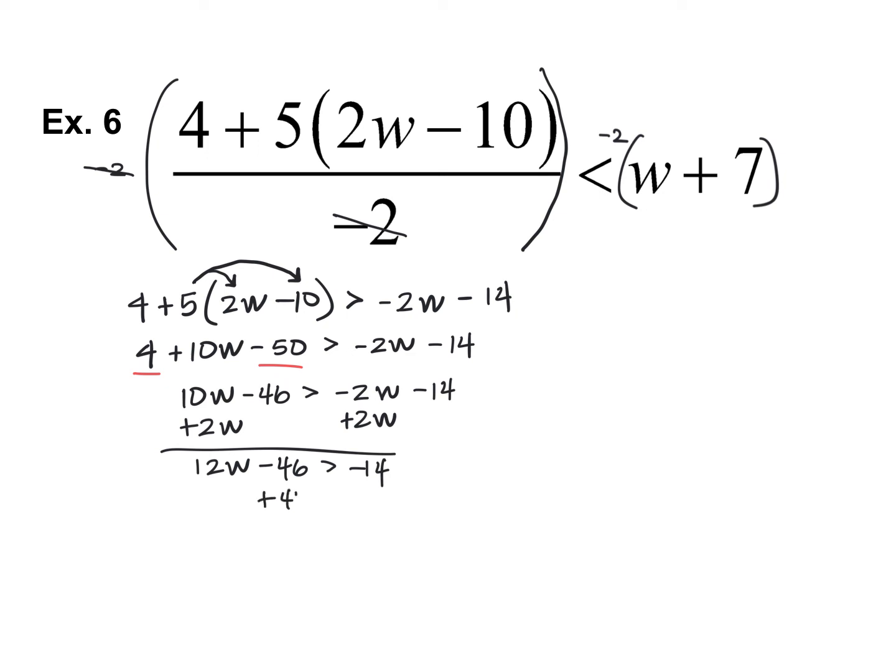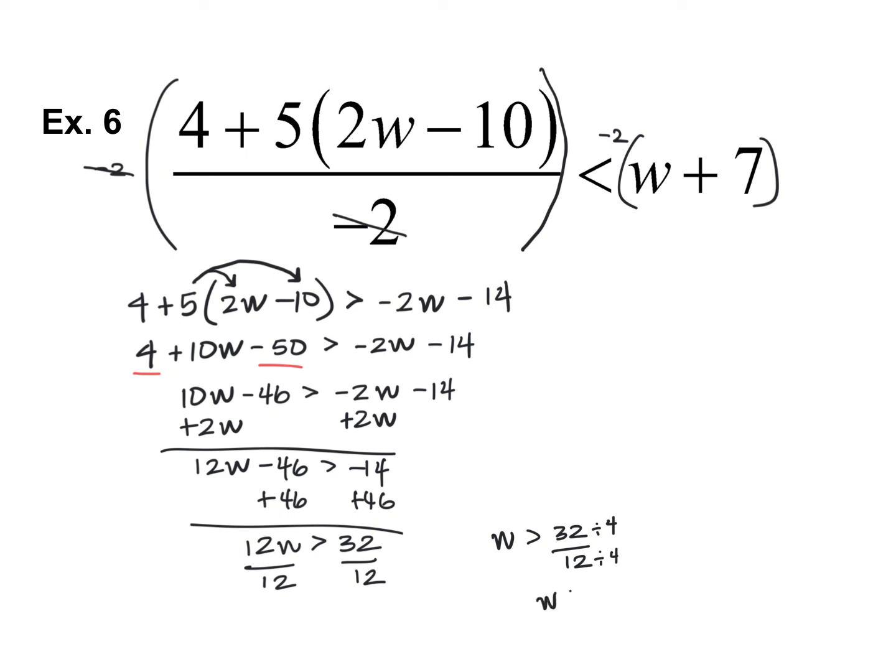Add 46 to both sides. And I have 12w is greater than 32. Divide both sides by 12. And I end up with w is greater than 32 over 12. And I can simplify that fraction by 4. And I get w is greater than 8 over 3.